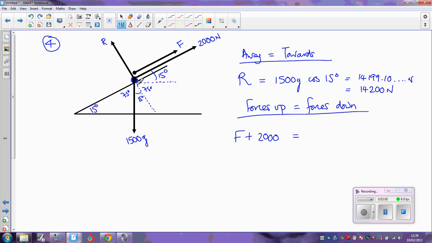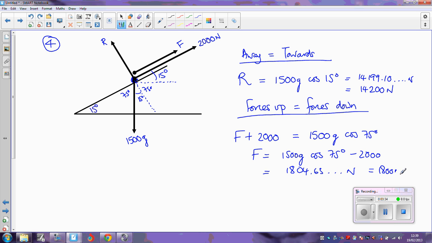Well, the only force acting down the slope is the component of the weight, acting in this direction, and that's going to be 1500 g cos 75 degrees. In other words, my F is just going to be 1500 g cos 75 degrees minus that 2000, and that comes out as 1804.63 and so on newtons, so 1800 newtons to three significant figures.